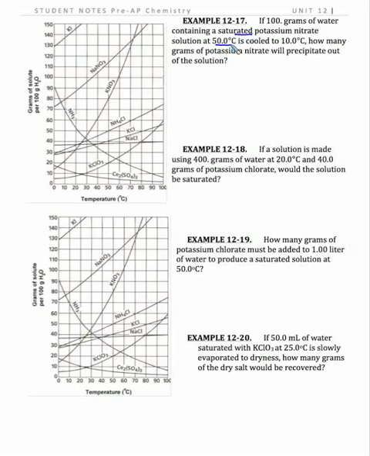So I have a saturated potassium nitrate at 50 degrees Celsius. Again, we're really looking at the same situation, and we just discovered that 80 grams of KNO3 is required to saturate 100 grams of water at 50 degrees Celsius.